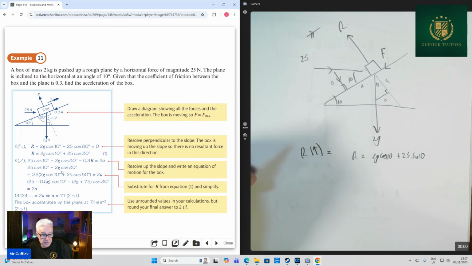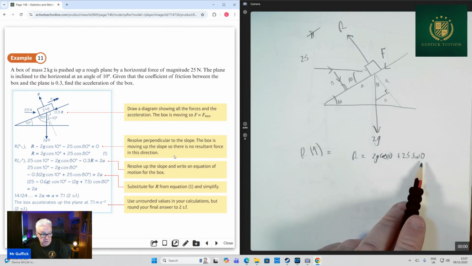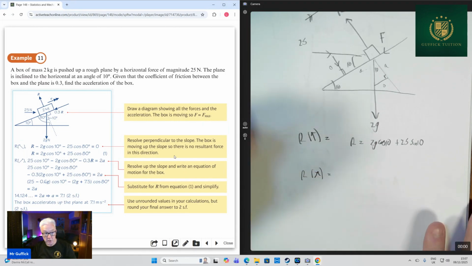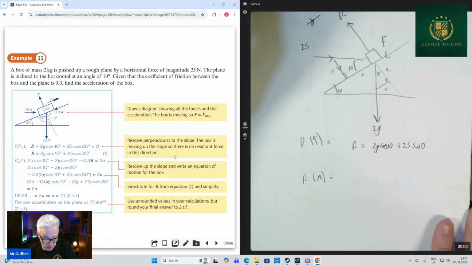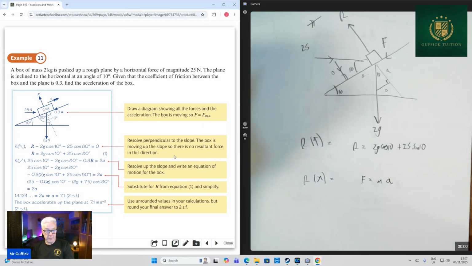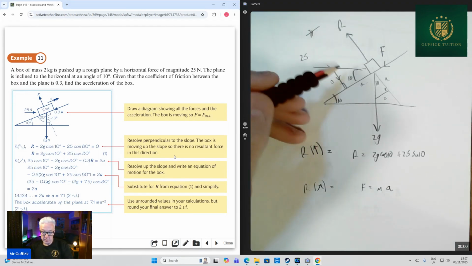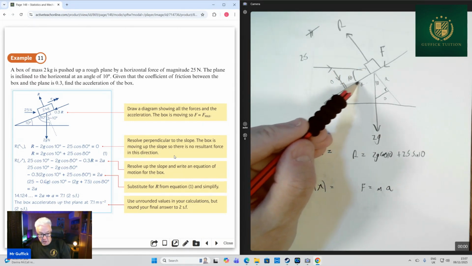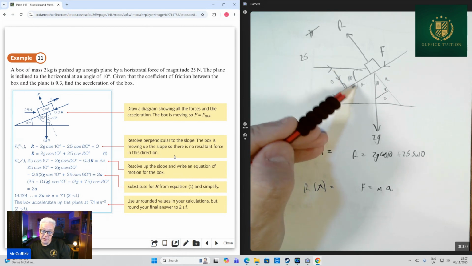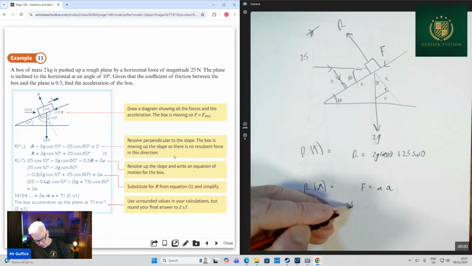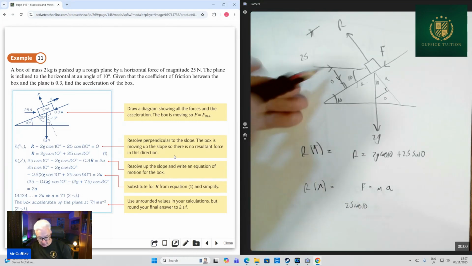That's really good, because when we resolve in that direction, everything can be worked out. Now let's resolve going up the plane, because the object is being pushed up the plane. Now it's in motion, so we use Newton's second law: F equals ma. What's going up the plane? 25 times cos 10 is the component of this force acting up the plane.